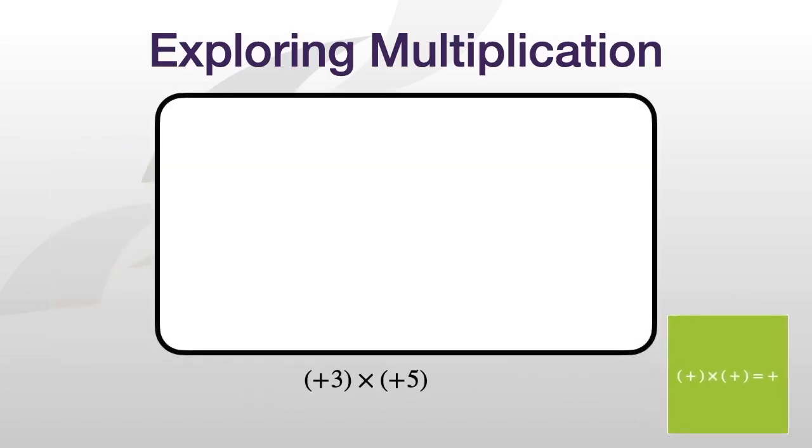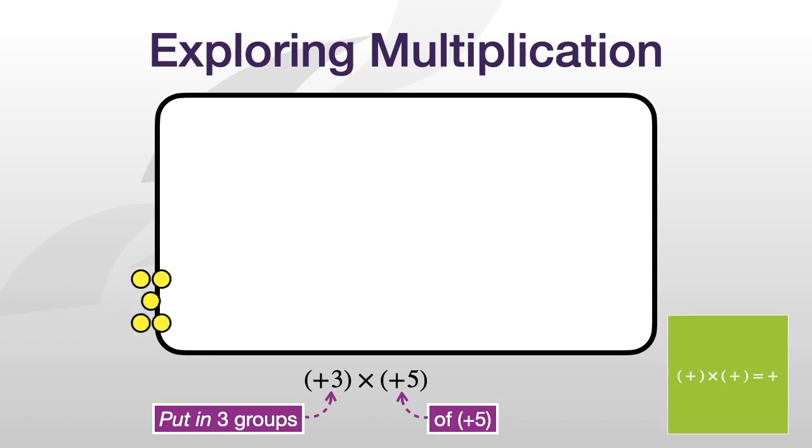In positive 3 times positive 5, we can think of positive 3 as adding or depositing 3 groups. We can think of positive 5 as having 5 yellow counters in each group. So, positive 3 times positive 5 tells us to put 3 groups of 5 yellow counters into the rectangle or bank.